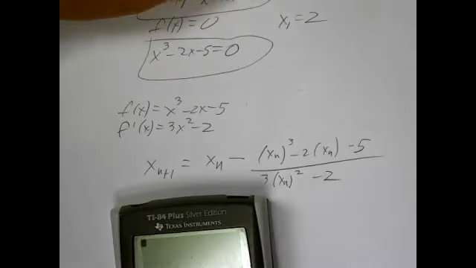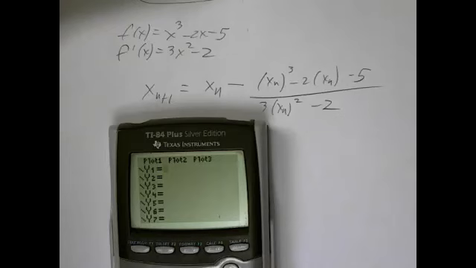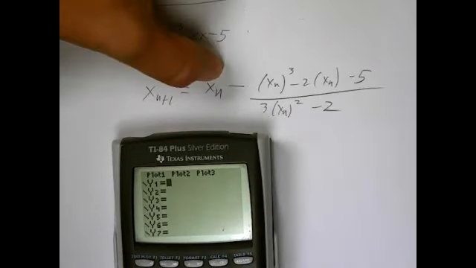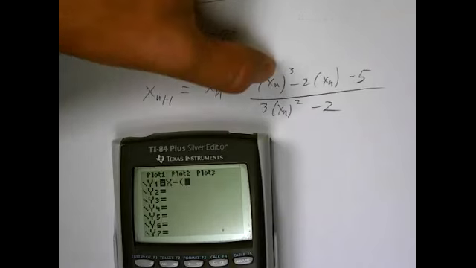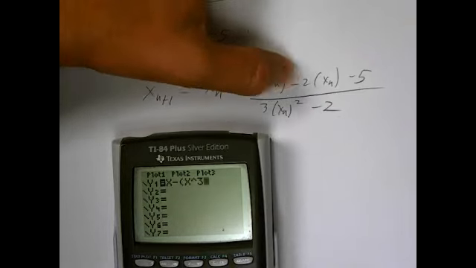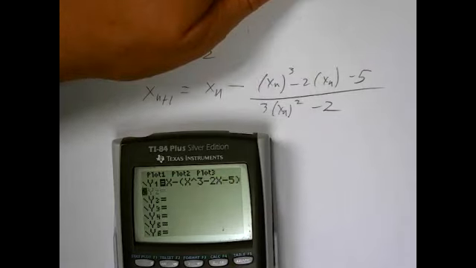So on the calculator, you're going to put in, for the algorithm part, x minus, and then in parentheses, x cubed minus 2x minus 5, close parentheses, because that's the top of the fraction, divided by, open parentheses for the bottom of the fraction, 3x squared minus 2, and don't forget to close the parentheses.